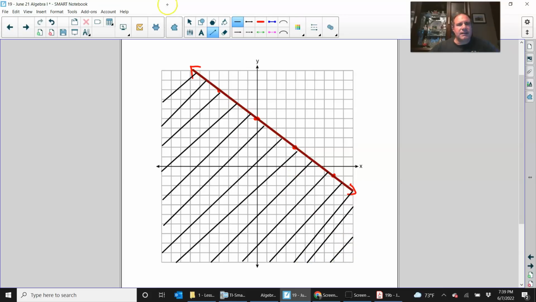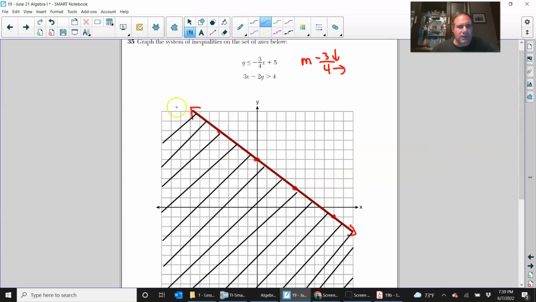So that right there is the graph of y is less than or equal to negative 3/4 x plus 5.